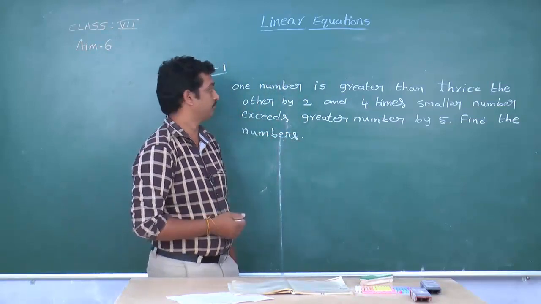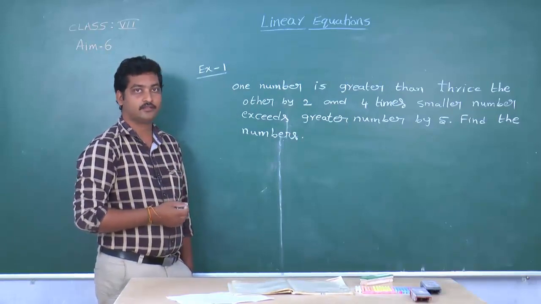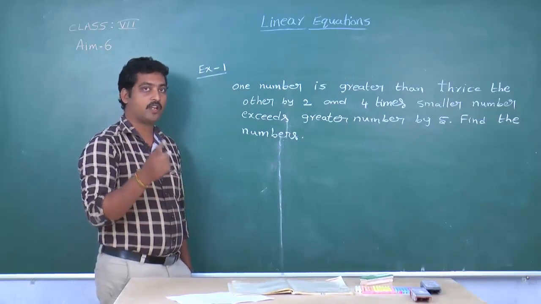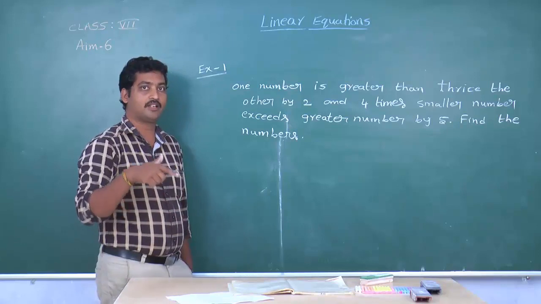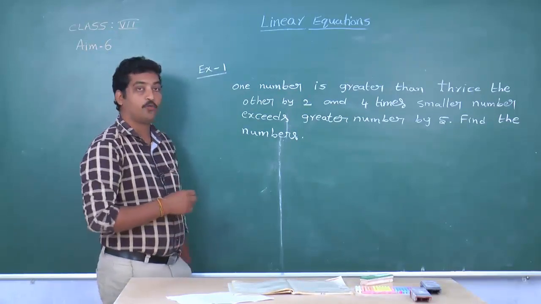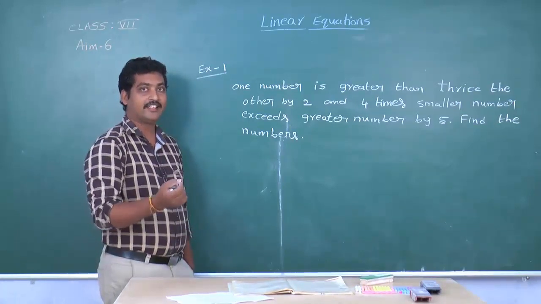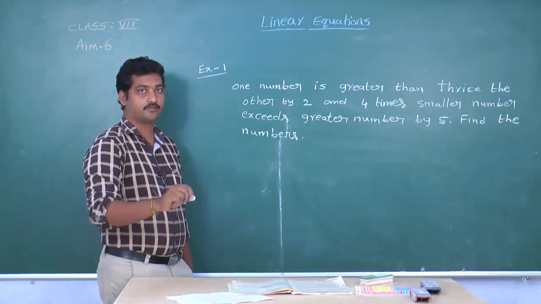Now how to solve it? Here how many numbers are involved? 2 unknowns. One number is the greater number, the other is the smaller number. Now using the given data, we are going to establish the relations, which are known as linear equations in 2 variables.